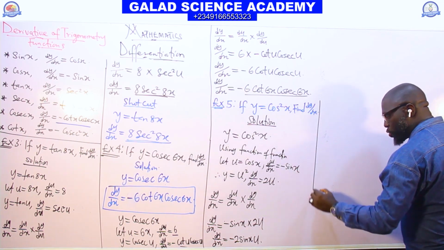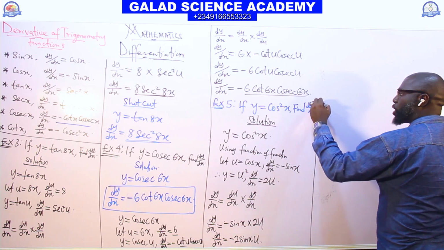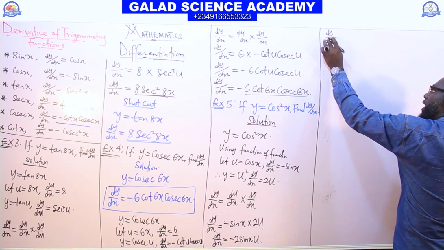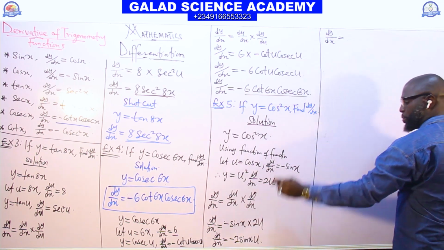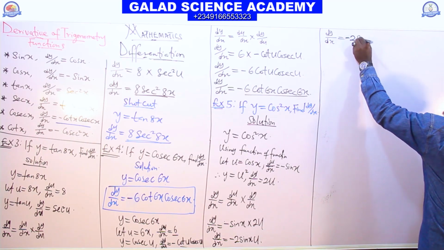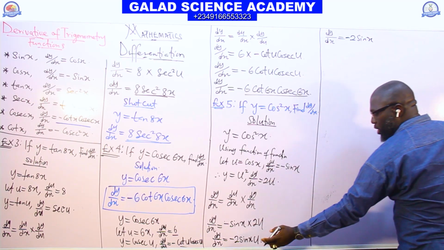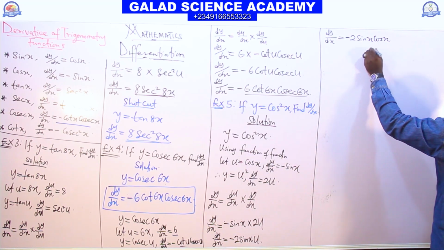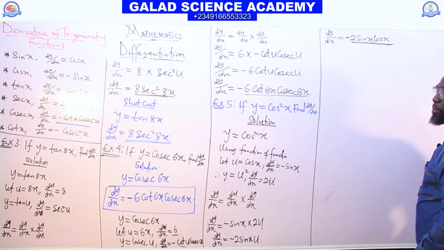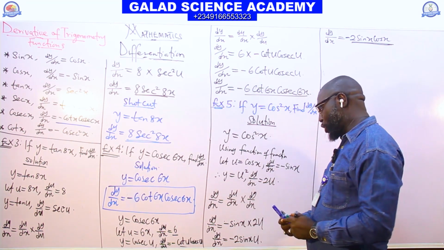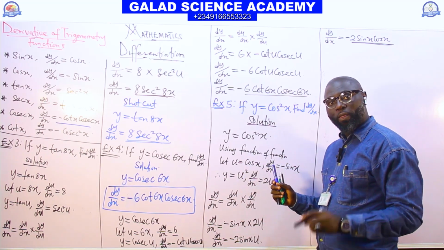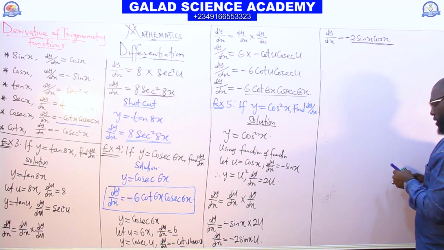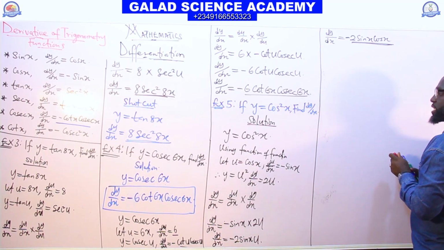The value for u is cos x. Substitute for it. dy/dx will now be equal to minus 2 sine x cos x, since u is cos x. That is the final answer. Please, you must know how to use this function of function. But the second method, let me say, using the second method.